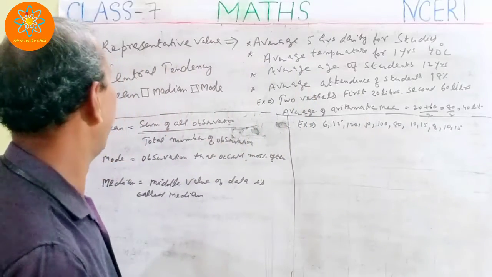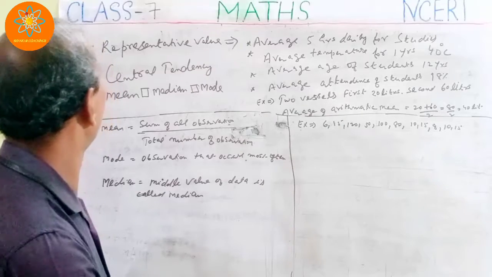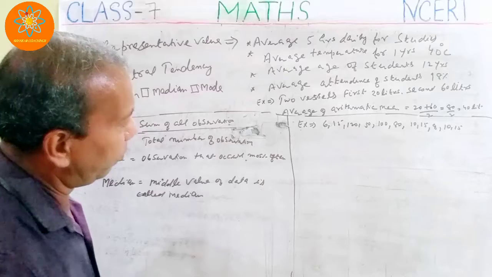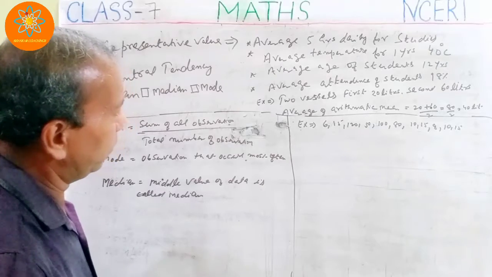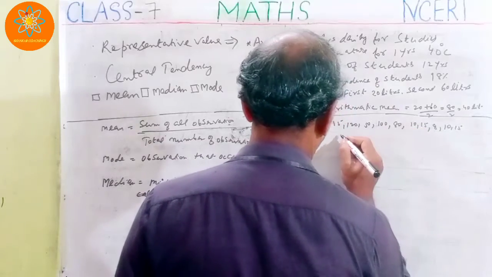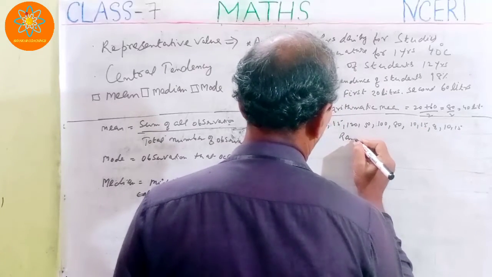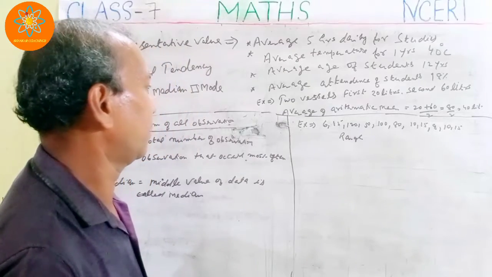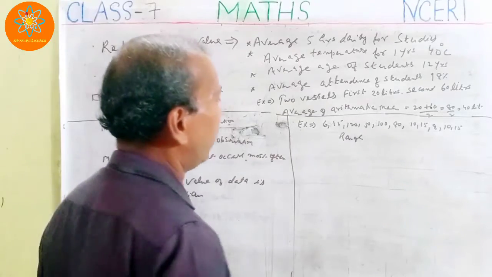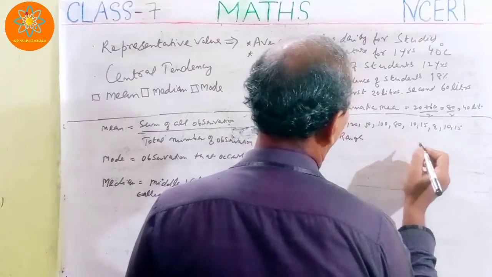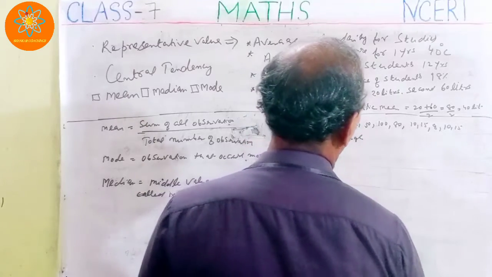Now with this I have to find mean, median and mode. So before going to the mean, median, mode, I will take one more term, that is the range. So what is the value of range? If you want to find the range, how much is the least one?